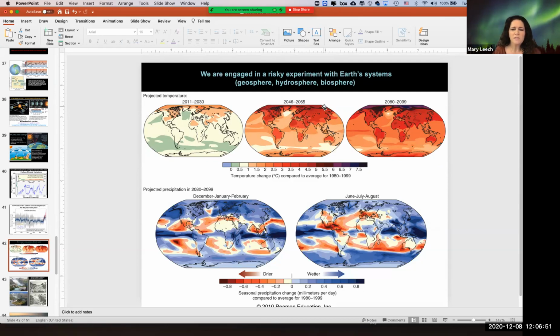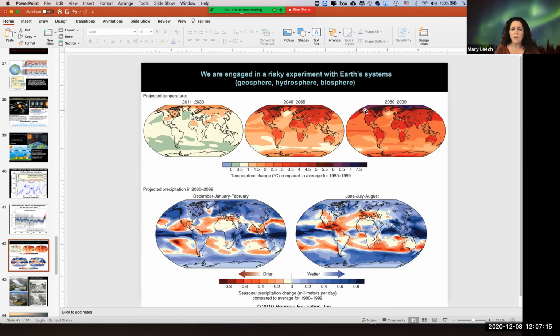In 2046 to 2065, I'll be alive. Look at the temperatures. It's 4 to 5 degrees warmer in the Arctic. And toward the end of our century, if we don't change something, we're looking at melting. We're going to melt the continental ice. We're going to melt the glaciers.